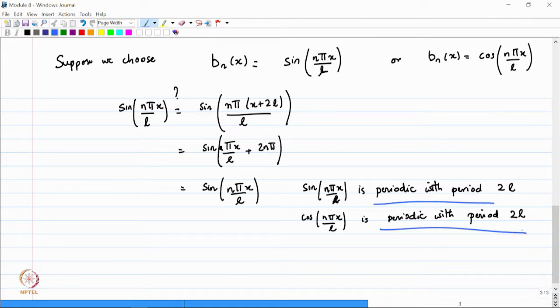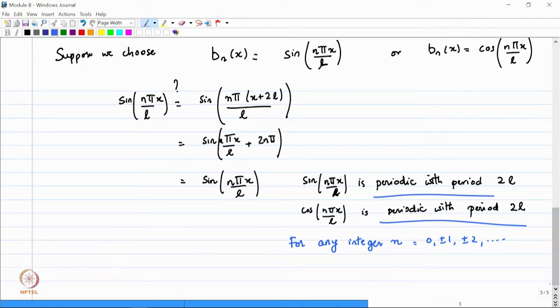So in this particular choice where you took sin n pi x by L, you can take any value of n. This is true for any integer n. Integer means n can be 0, plus minus 1, plus minus 2, and so on. Now with this we can either choose sine or cosine.